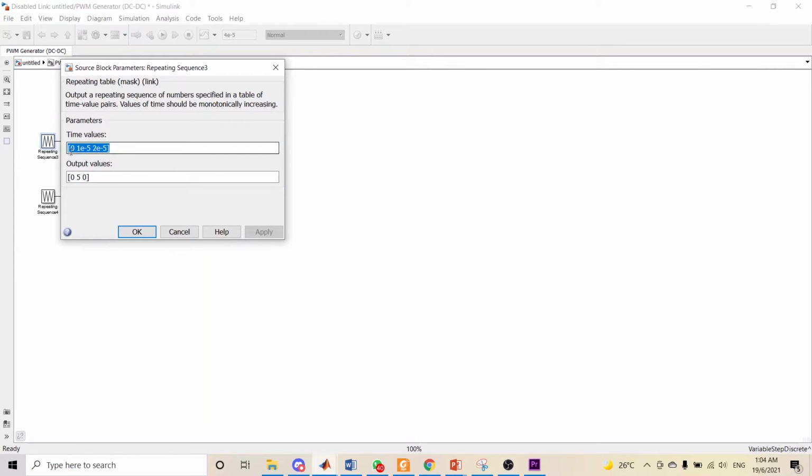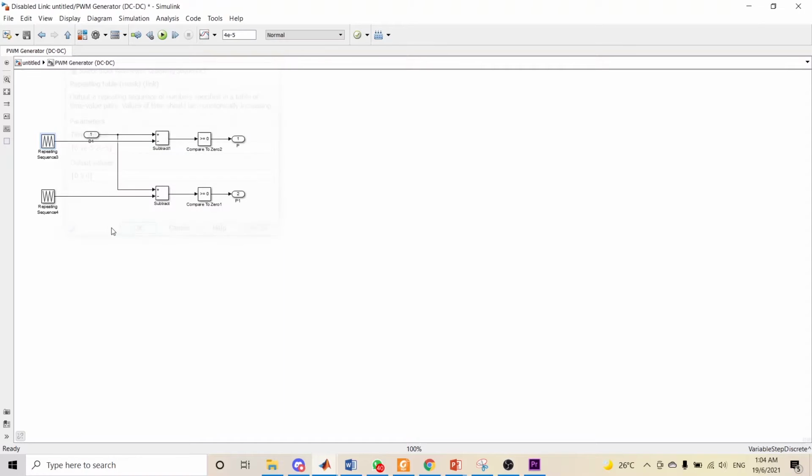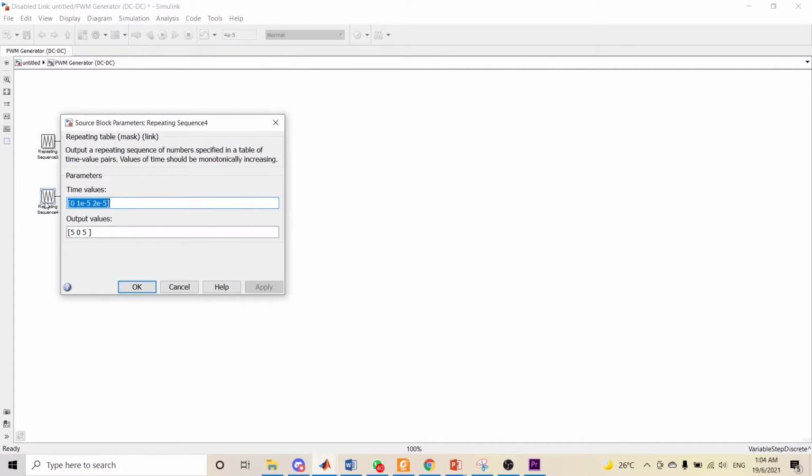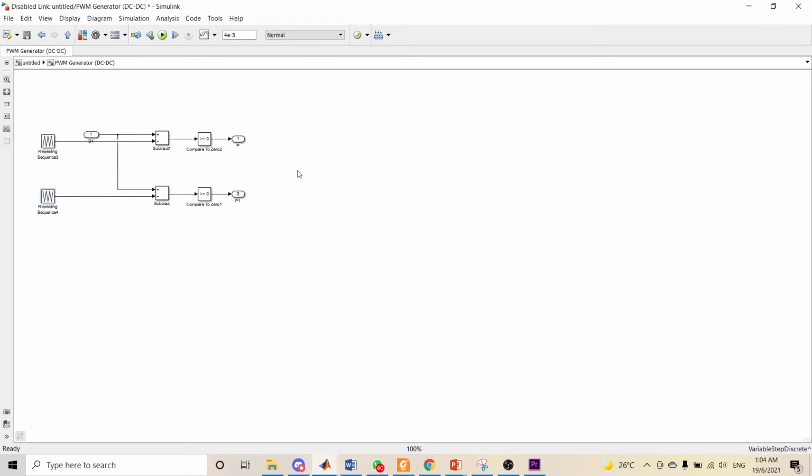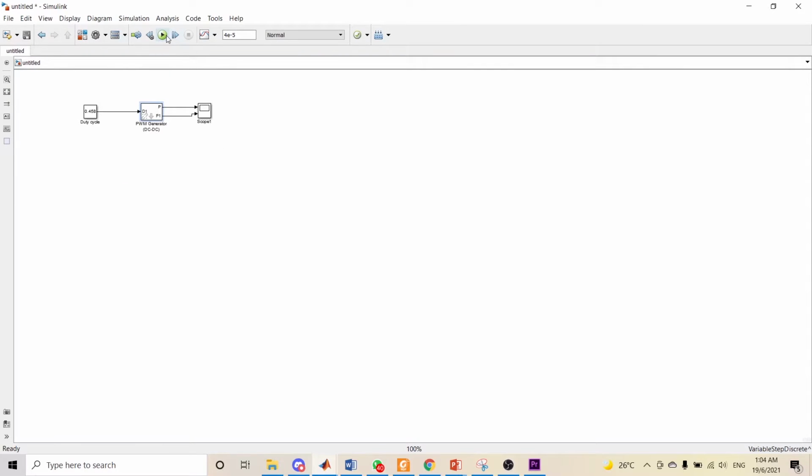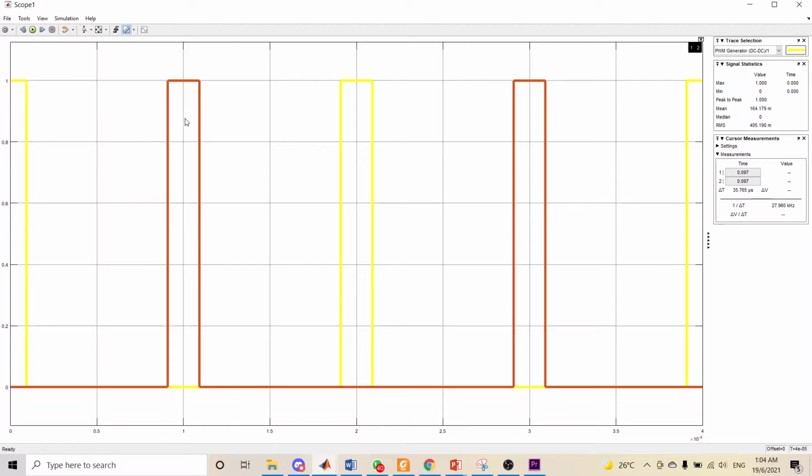In the first triangle waveform, I put the sequence 050, and the other triangle waveform should be 505. And I will get the same waveform as in figure B.